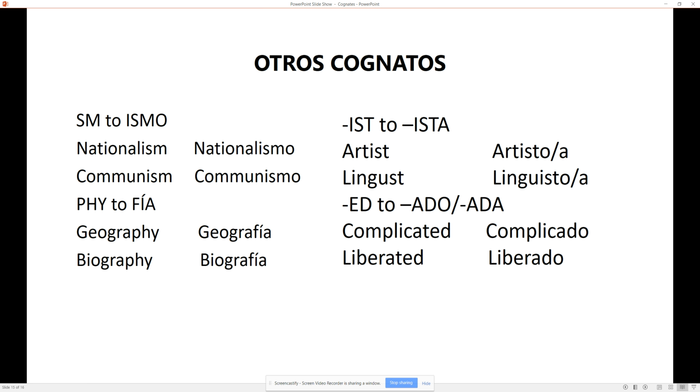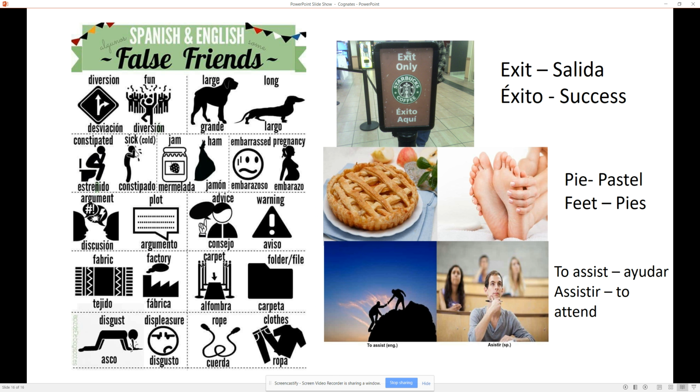So, geography, geografía, biography, biografía, artist, artista, linguist, lingüista, and words that end in ed, often that are adjectives, complicated, complicado, liberated, liberado, advanced becomes avanzado.